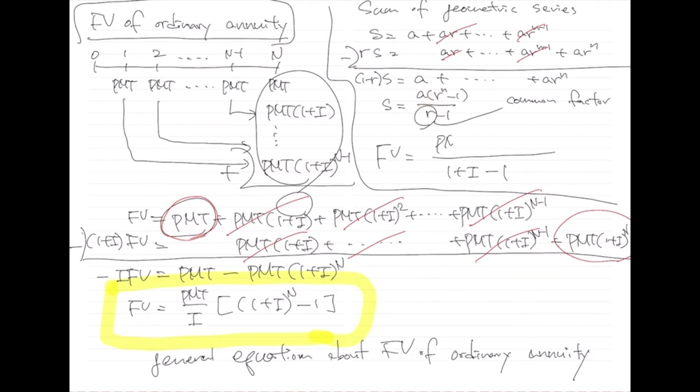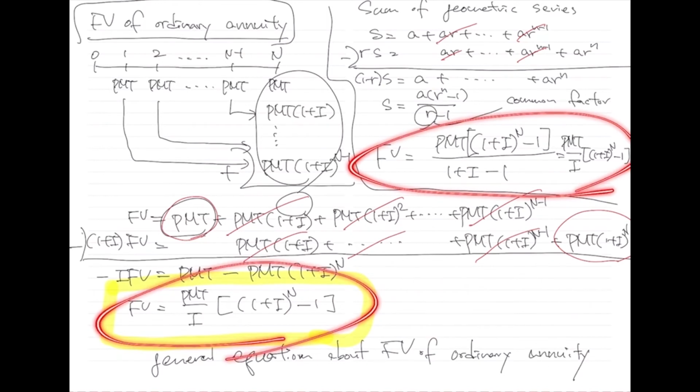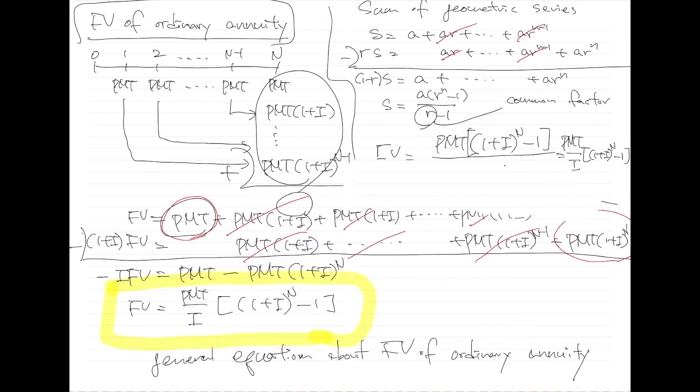So PMT times ((1 plus I)^n minus 1) over I. Yeah, it is the same as this. So if you have a problem about the future value of ordinary annuity, you can use this general equation, right?